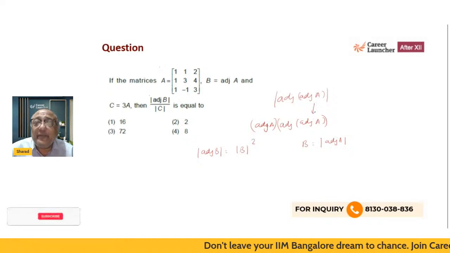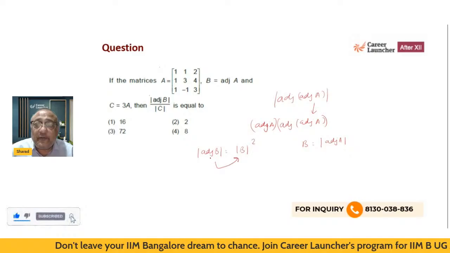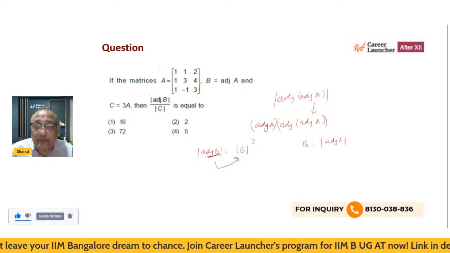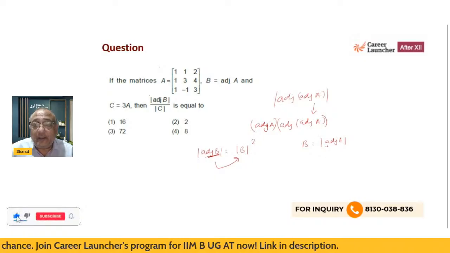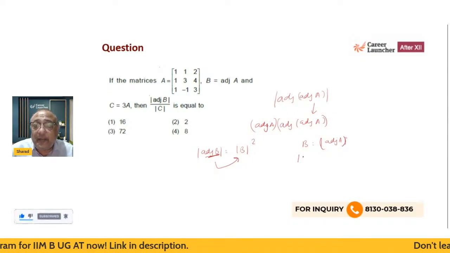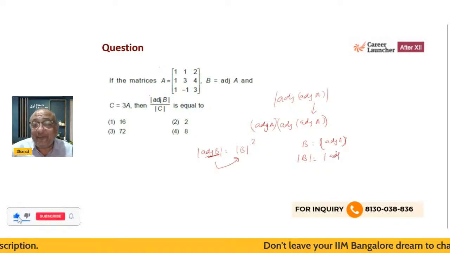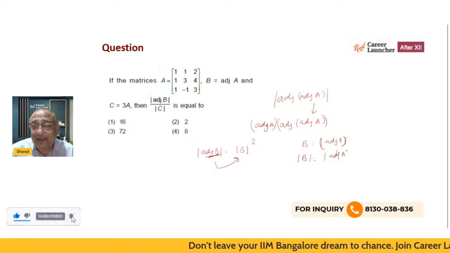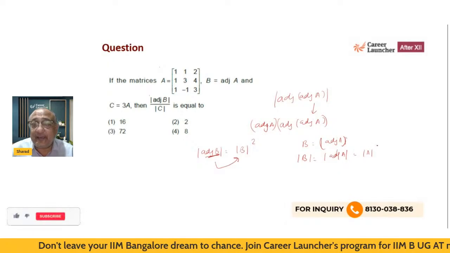Why remember this formula? I have to find adjoint of B. I know adjoint of B will be a three-order matrix, so it is B square. B is equal to adjoint of A, right? So determinant of B will be equal to determinant of adjoint of A. It is so simple. I don't have to mug up all those formulas which were there. This is nothing but A ka square.